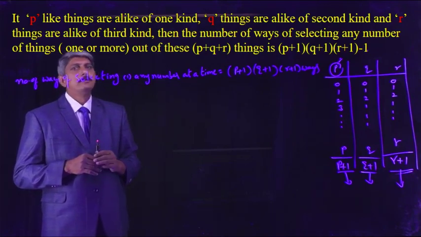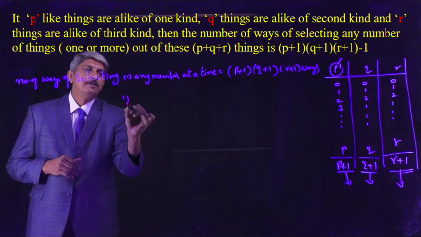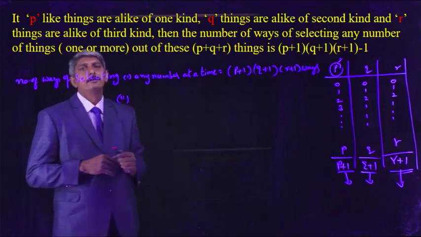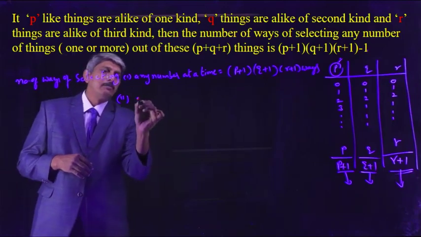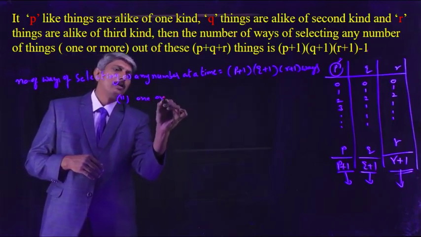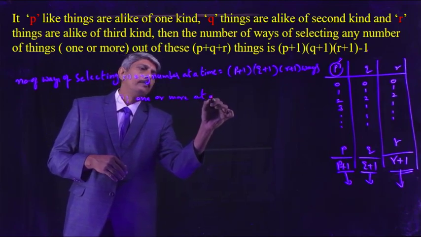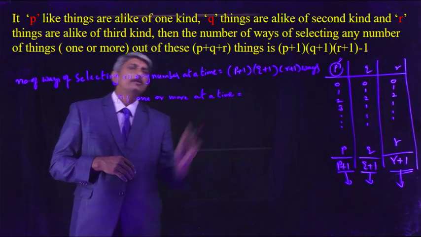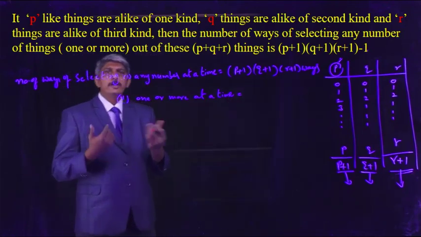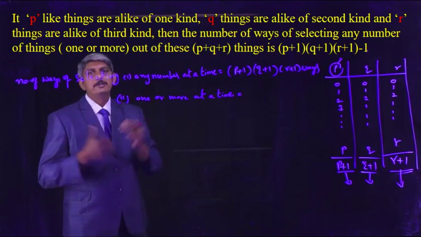Now second, the number of ways of selecting one or more at a time is equal to: one or more at a time means we do not select nothing.